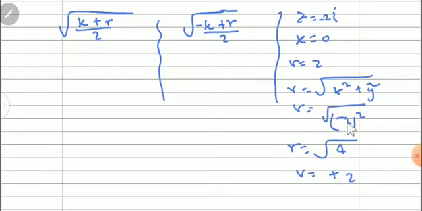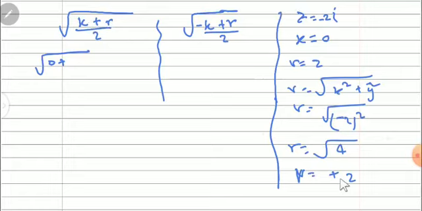So the -2 is refused because length must be positive. So this is r. Now, just fill in the blank. This is x. Where is x? 0. Write it.